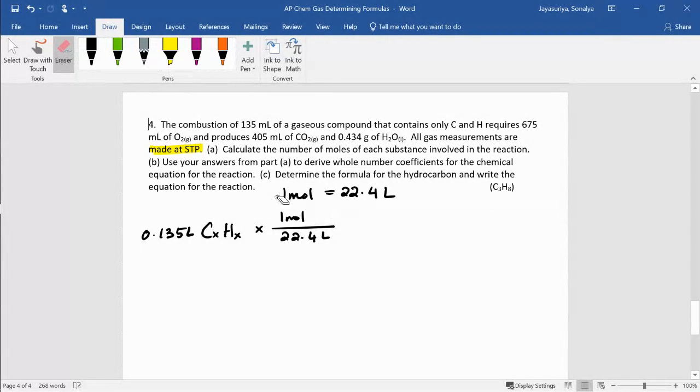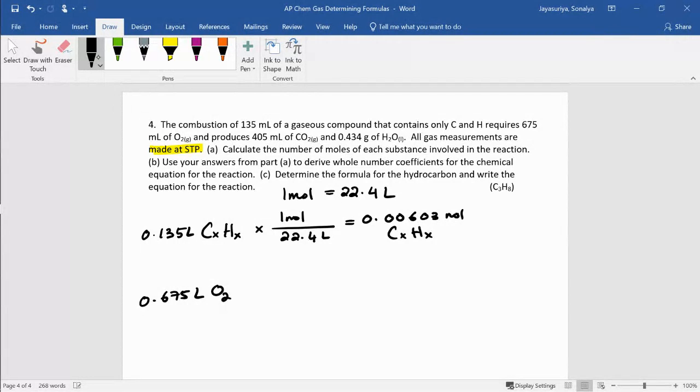That's going to be 0.00603 moles of CxHx. Then you have 0.675 liters of O2. Again, you can use the molar volume, 1 mole over 22.4 liters, and that gives me 0.0301 moles of O2.